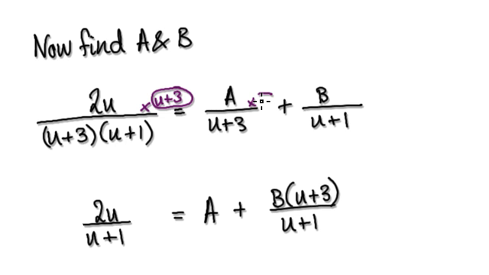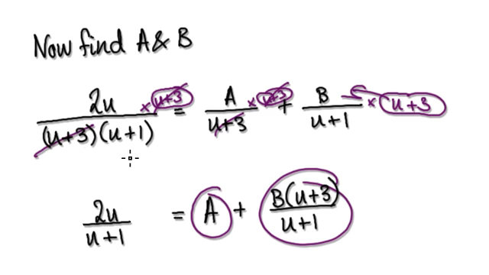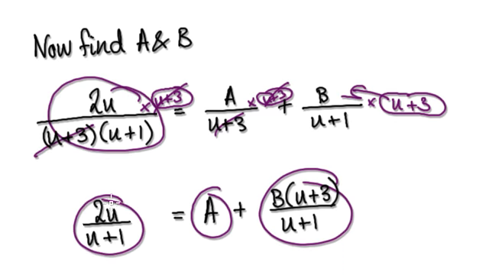So times this by u plus 3, times this by u plus 3. The u plus 3 in these two will cancel out, leaving you with a, and this here gets multiplied to the top, giving you this. This will cancel out with this, so this thing here will then become this.